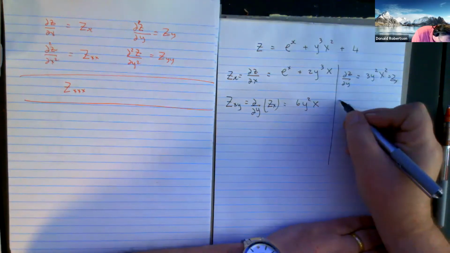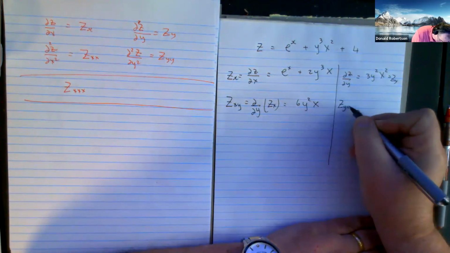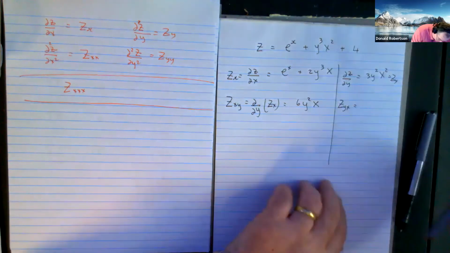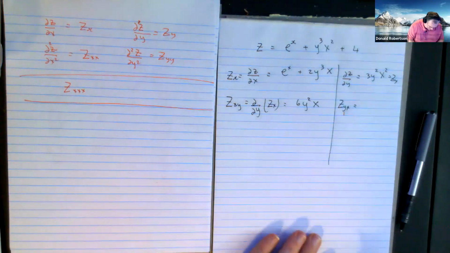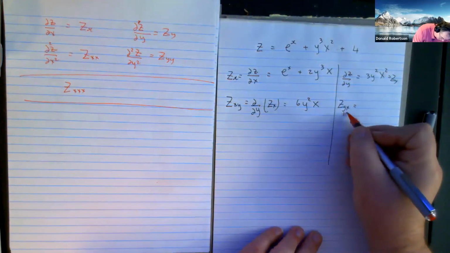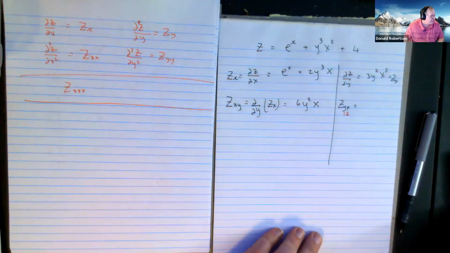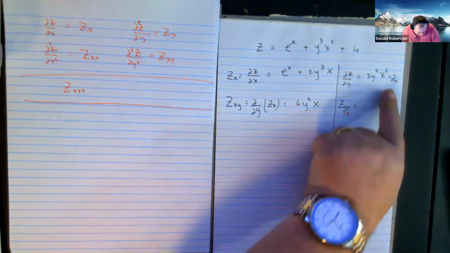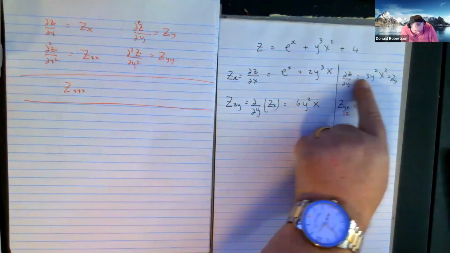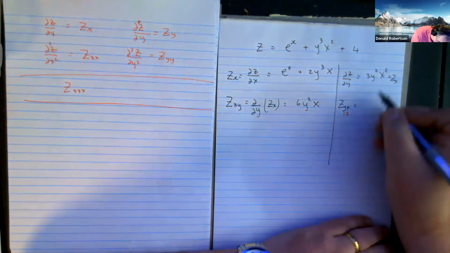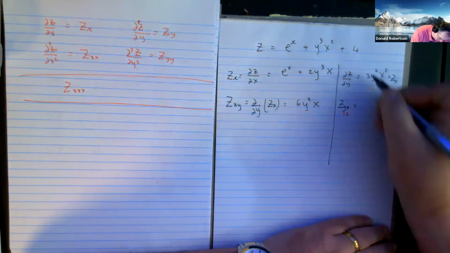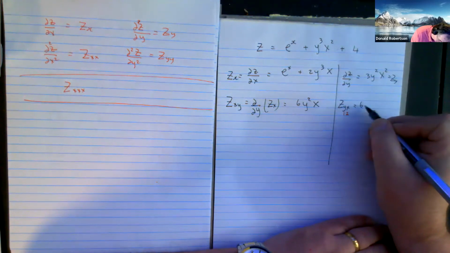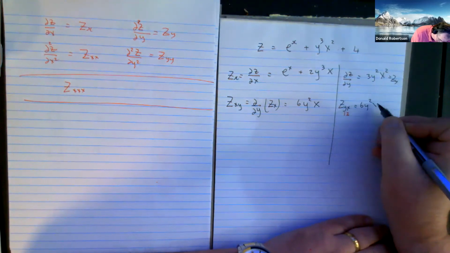Well, suppose I went and asked you to do that guy. Wouldn't that mean differentiate with respect to y first, and then whatever the answer is, differentiate it now with respect to x? So we are going to differentiate this guy with respect to x. And if you differentiate this guy with respect to x, you get 6y squared x.